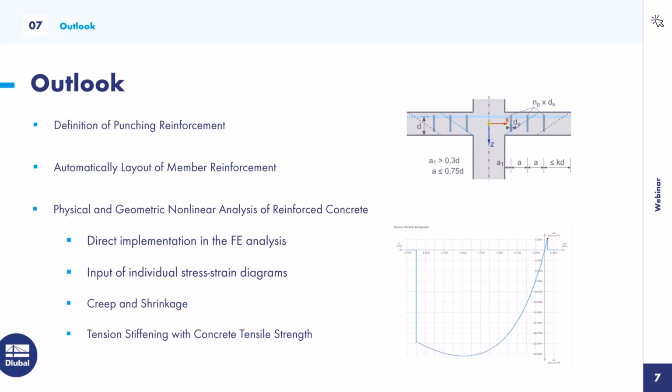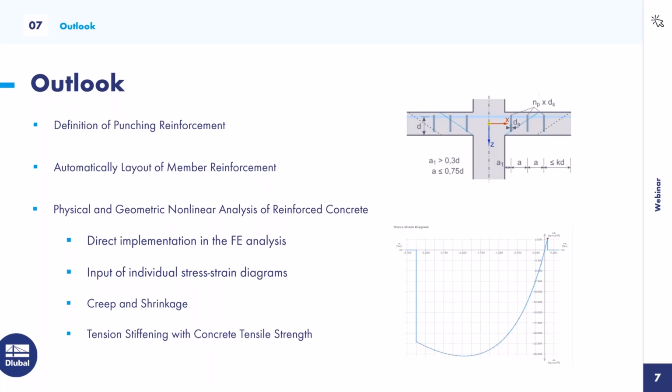And in the new development of the nonlinear deformation calculation, it will also be possible to consider the tensile stiffening by the concrete tensile strength. For example, the method according to Quast, which was also in a question today in the chat.